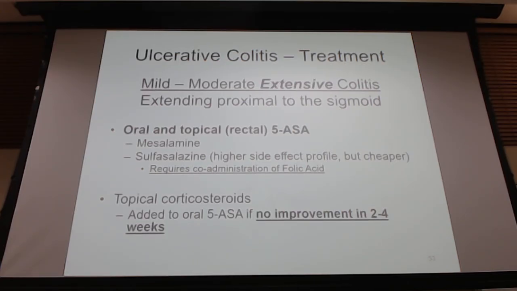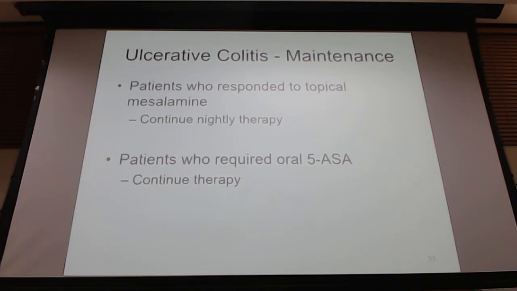And then there's potential for topical corticosteroids if no improvement within the first 2 to 4 weeks. So, if that topical mesalamine works, we continue therapy nightly. If they require the oral ASA, we just continue that therapy as well.